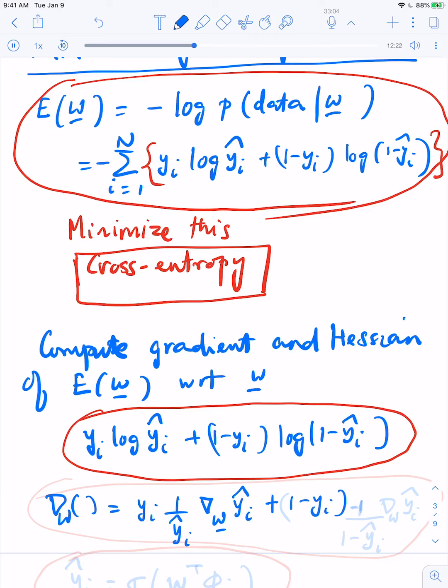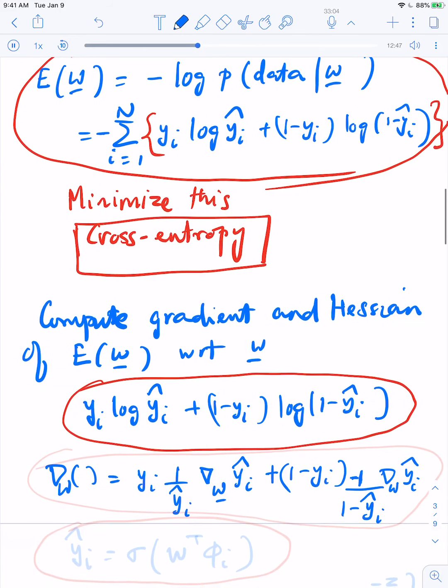Then 1 minus Yi stays unchanged because it's the labels that are given to you. Log of 1 minus Yi hat gives 1 over 1 minus Yi hat, and then I differentiate 1 minus Yi hat with respect to Yi hat. I'll get a minus 1 there. So that's this guy. And then again I have the gradient of Yi hat.